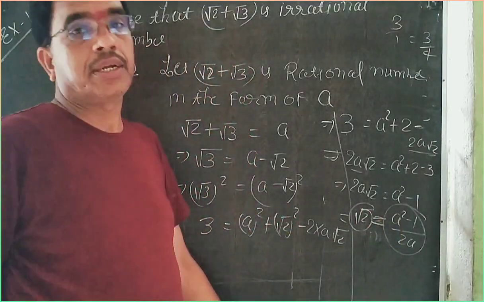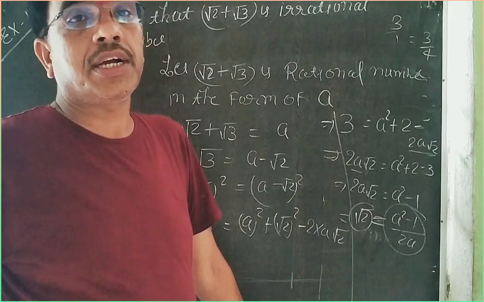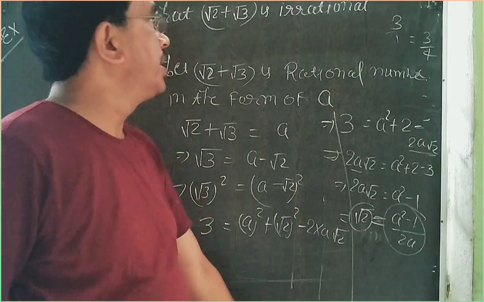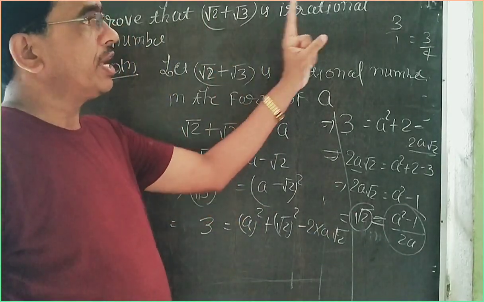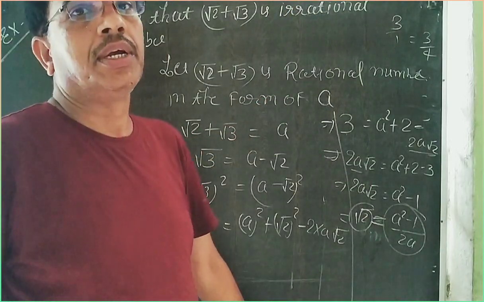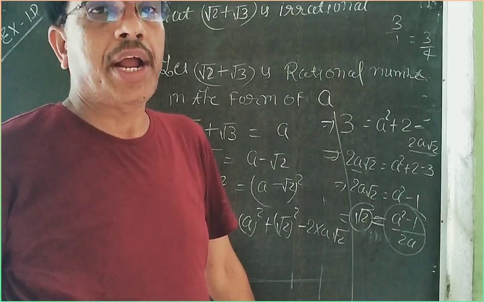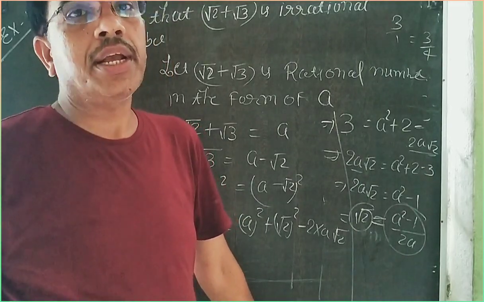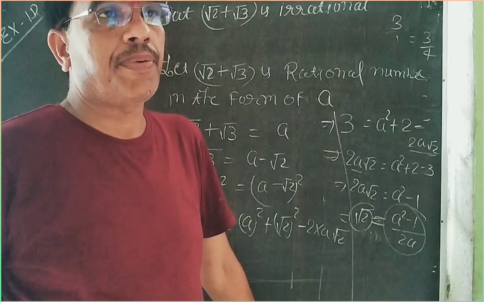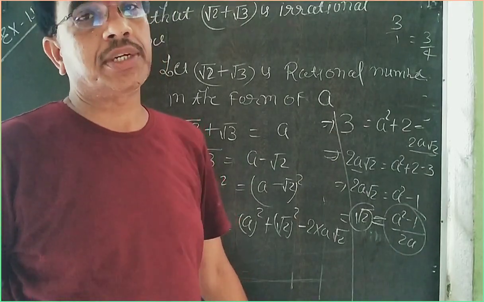Hence we can say that root 2 plus root 3 is always an irrational number. So other questions of exercise 1D, you try to solve by this method. I think you can solve the other questions. If any problem, then ask me on my personal WhatsApp number. Thank you.